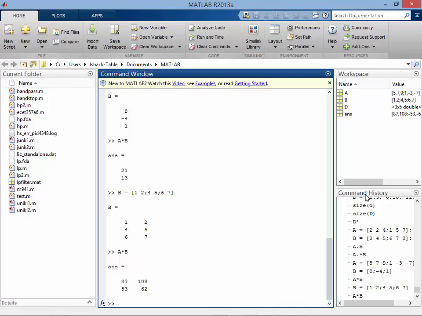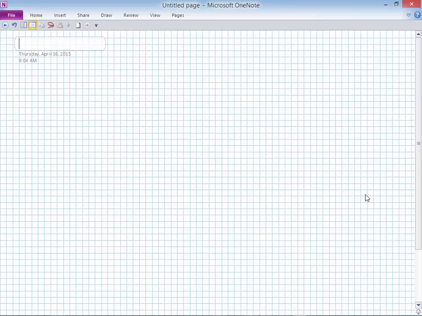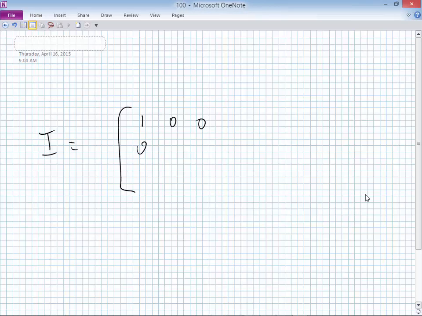You can't divide matrices. However, there's a special matrix called the identity matrix. An identity matrix is a square matrix that only has 1s on the main diagonal. What makes the identity matrix very unique is that it's called I, and we'll just show a 3 by 3. If I take this 3 by 3 and multiply it by any other matrix with either 3 rows or 3 columns, I'm going to get back the exact same matrix.